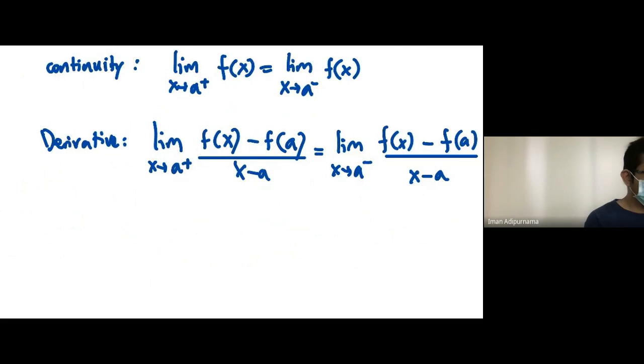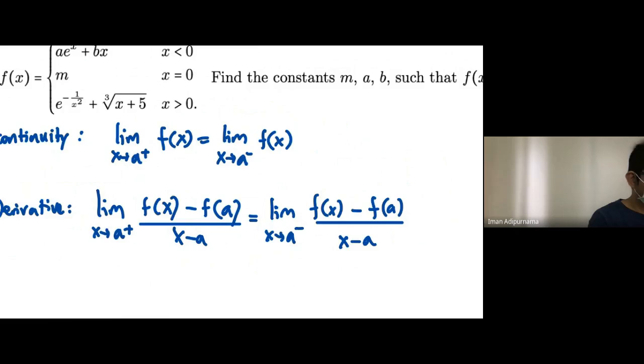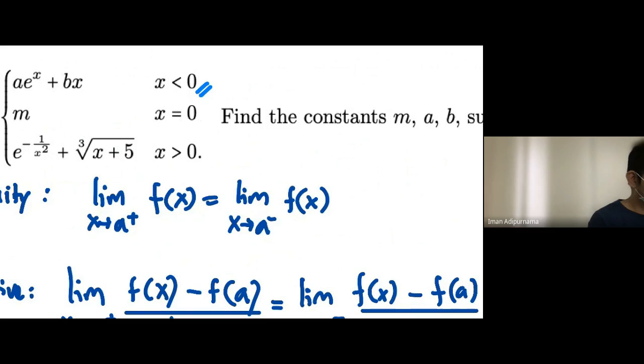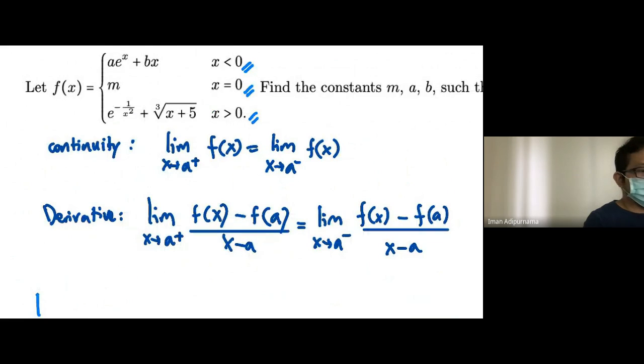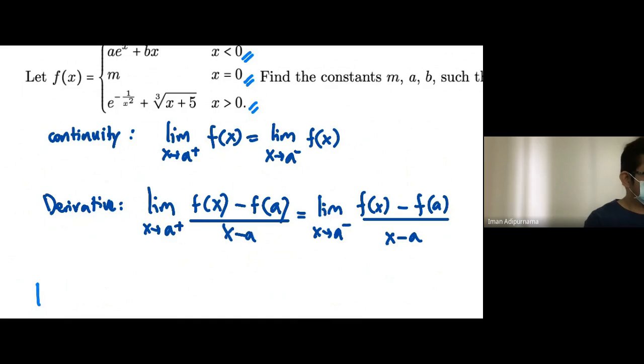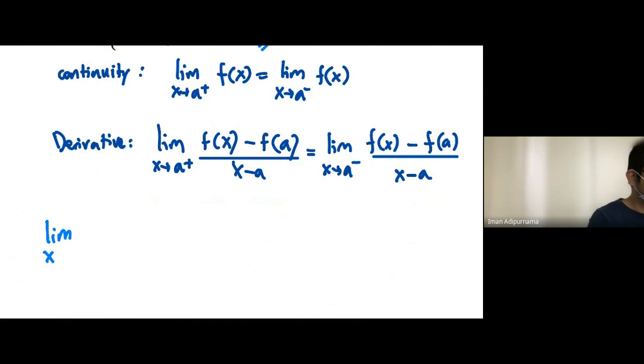I think for the continuity, some of you already found that we can use this 0 as our parameter. So let's say we approach x to 0, let's say from the right.